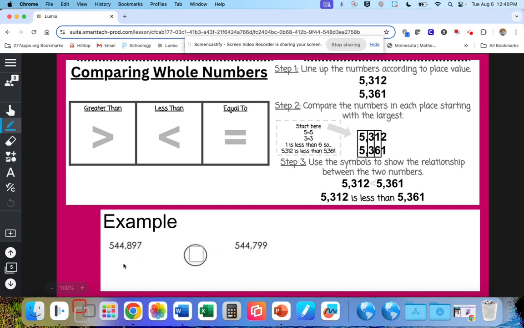So if we take a look at our example down here, Step 1 would be to line up our digits. So since I already have one digit written, I like to just add the other digit over by it so that they're lined up on top of each other.